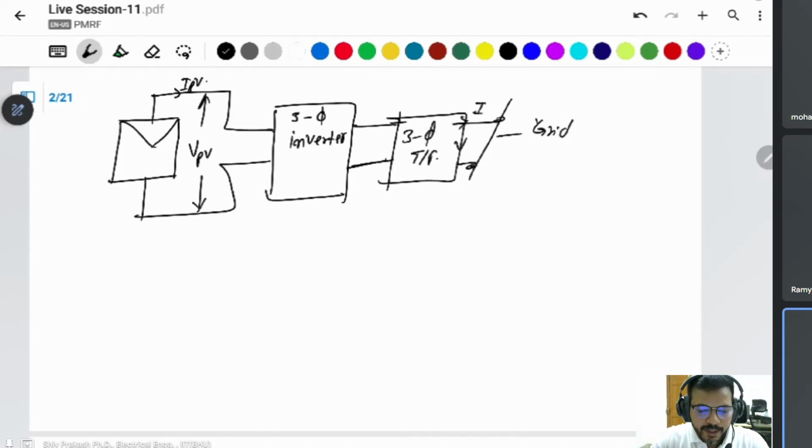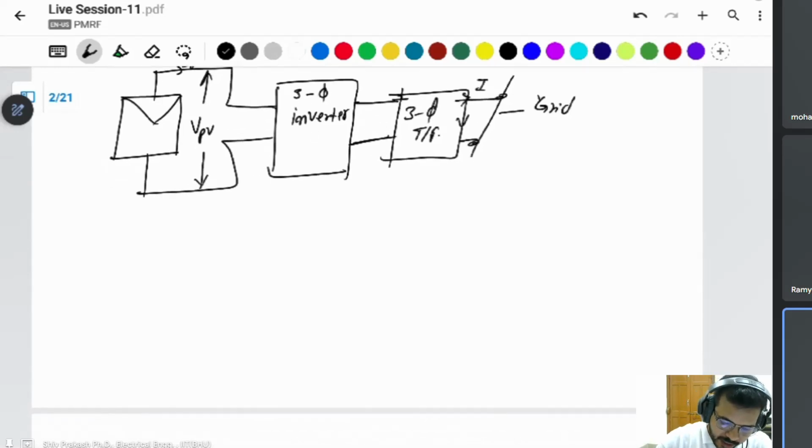If you want MPPT, then first use an algorithm for MPPT, then generate a reference for the current which flows through a phase of our inverter into our grid. So you have a requirement of a reference current. It means you take VPV, IPV and use an algorithm for MPPT.